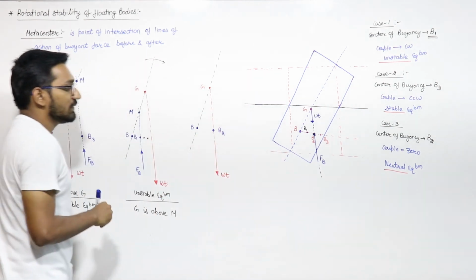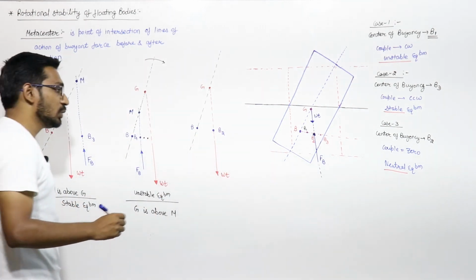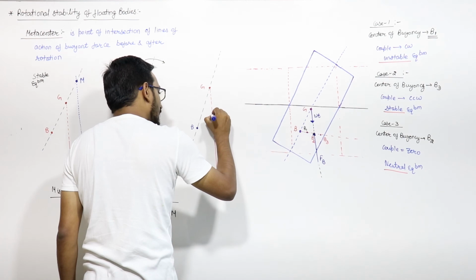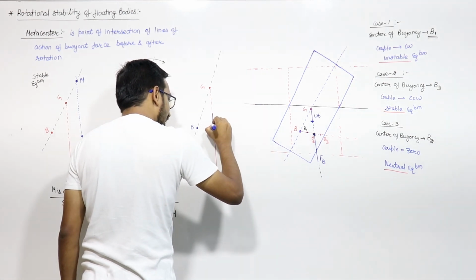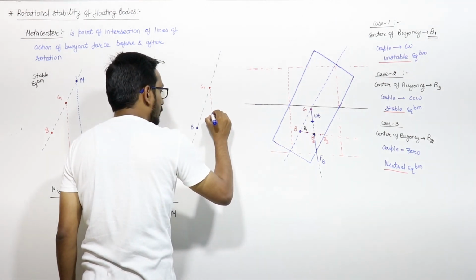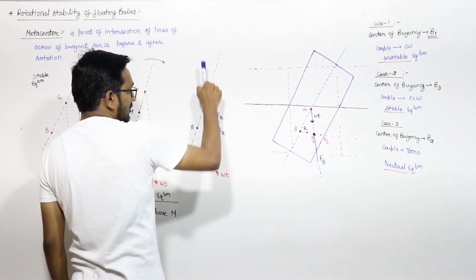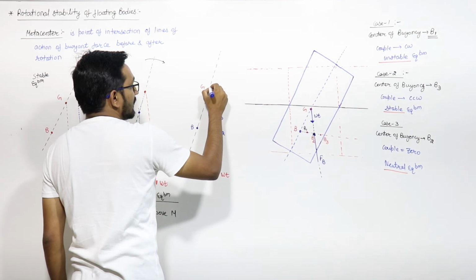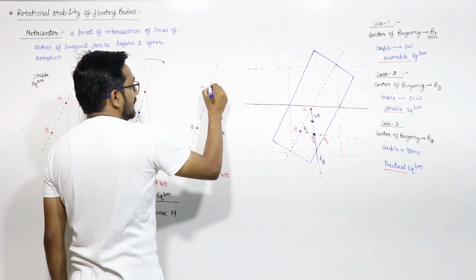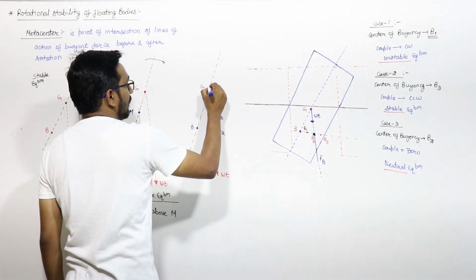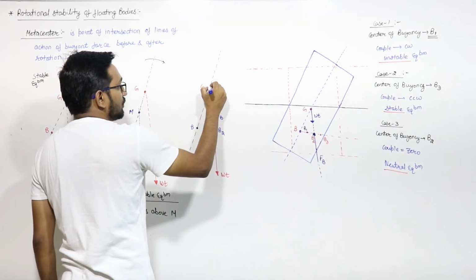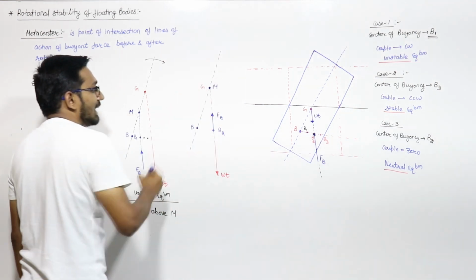From this center of buoyancy you have a vertically upward buoyancy force, and if I extend this line, it will cut the initial line of action of the buoyancy force at this point only. So this is the metacenter.